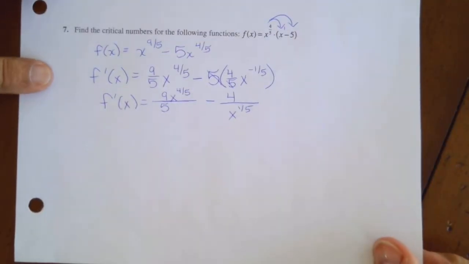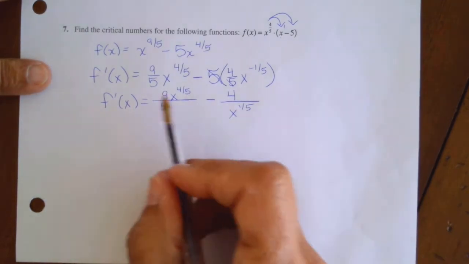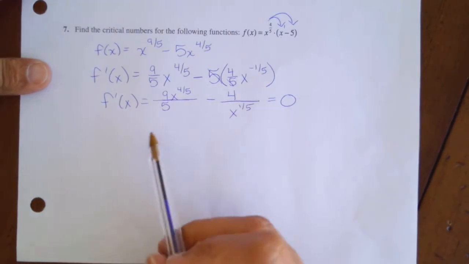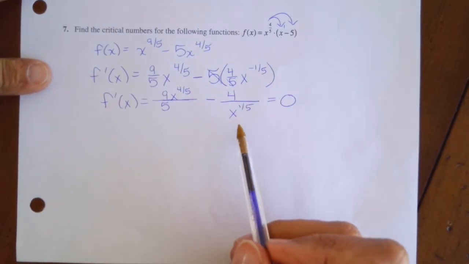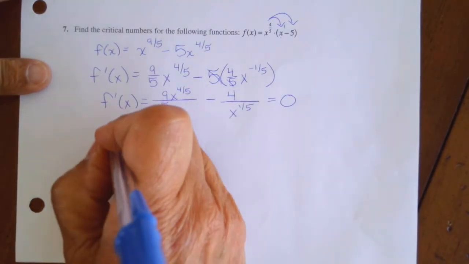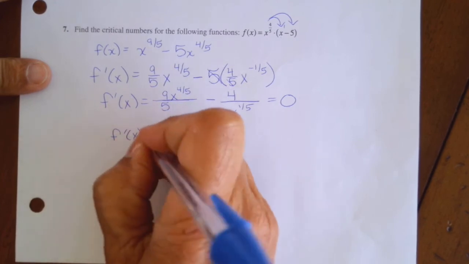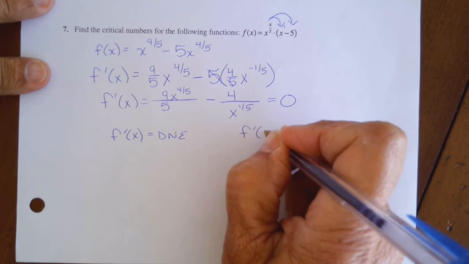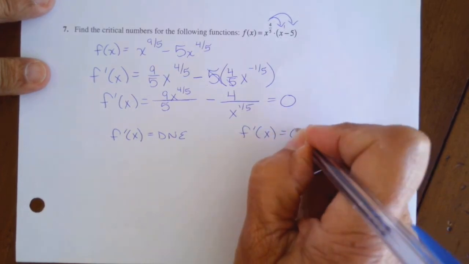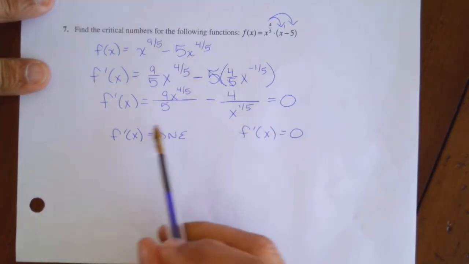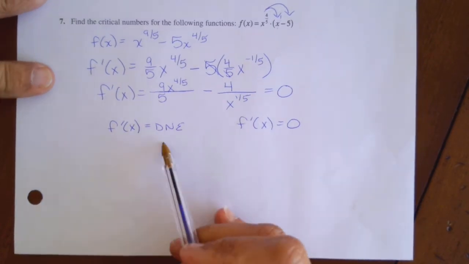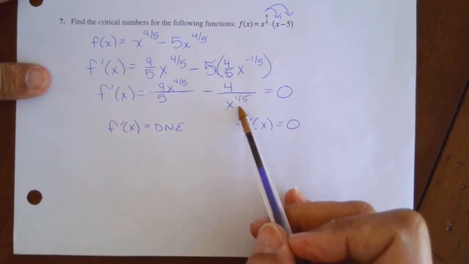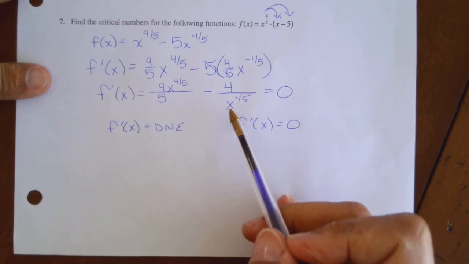Okay? All right, so that's what I'm going to set equal to 0. Now remember what we talked about. We have to look for where the derivative does not exist and then where the derivative equals 0. Here's one of the first times where we have to take this into consideration, because right here, I cannot use 0.